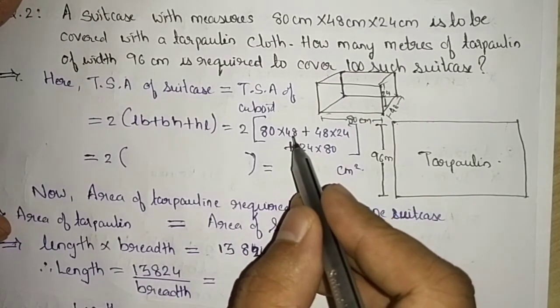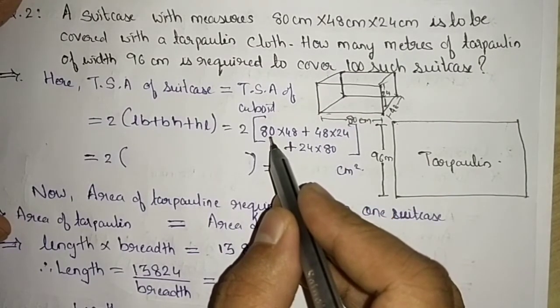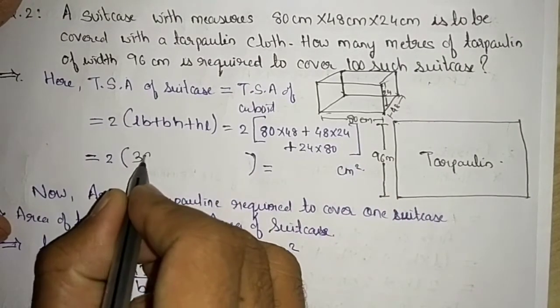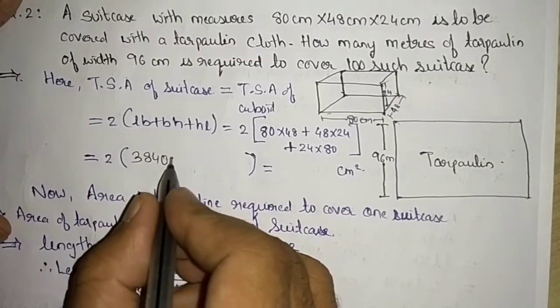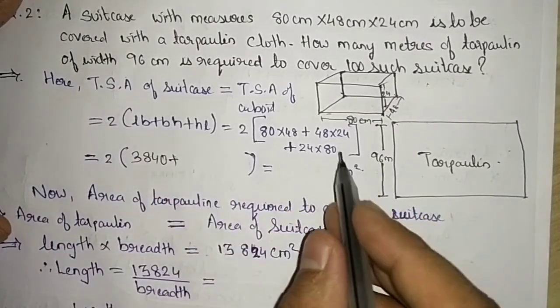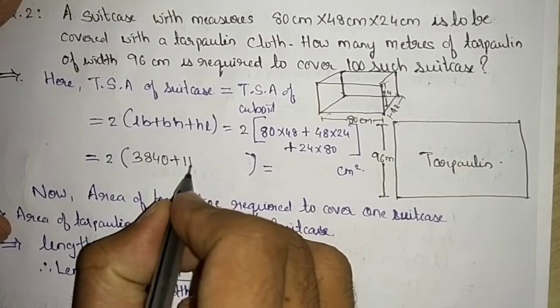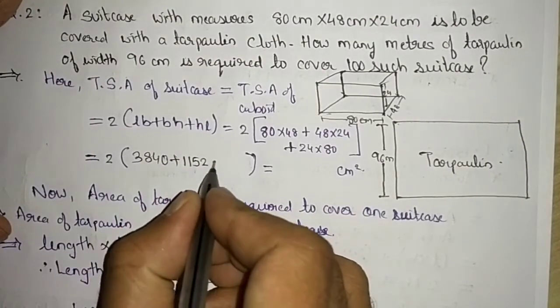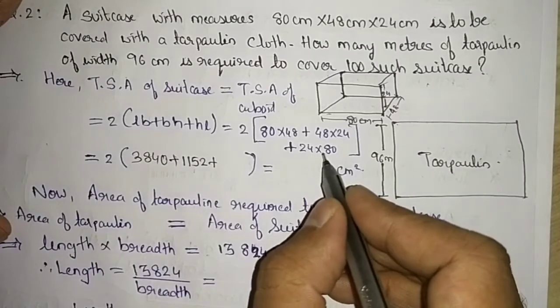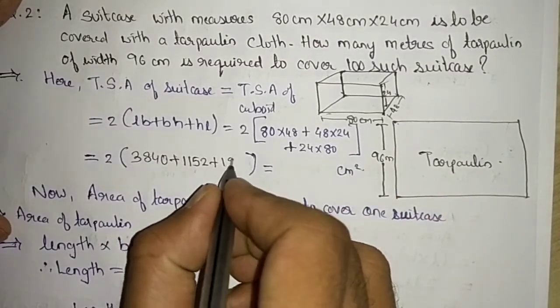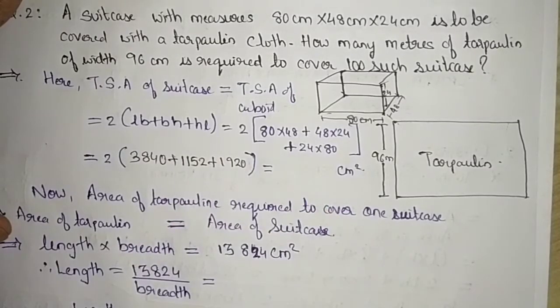Now when I multiply 48 into 8, it will give me 384, plus 48 into 24 will give me 1152, plus 24 into 8 will give me 1920.